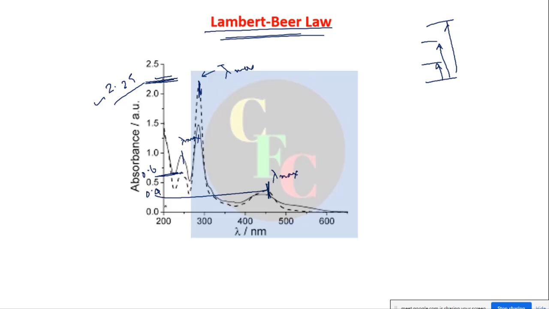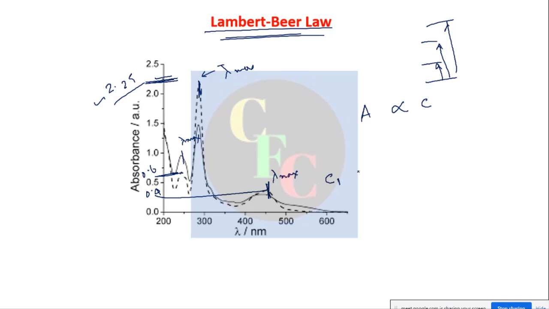And this absorption is actually directly proportional to the concentration. Absorption is directly proportional to the concentration, right? It is found. So suppose this is in concentration C1.